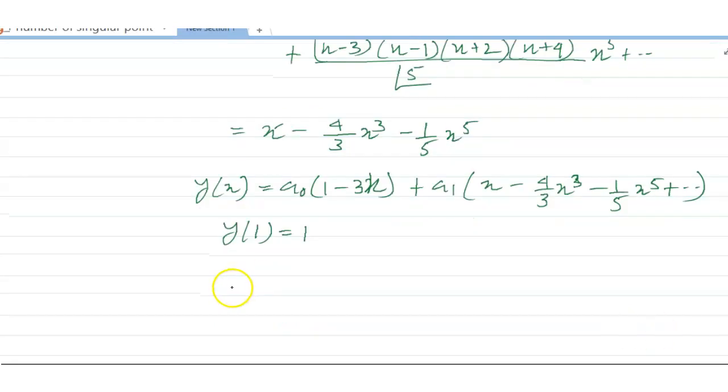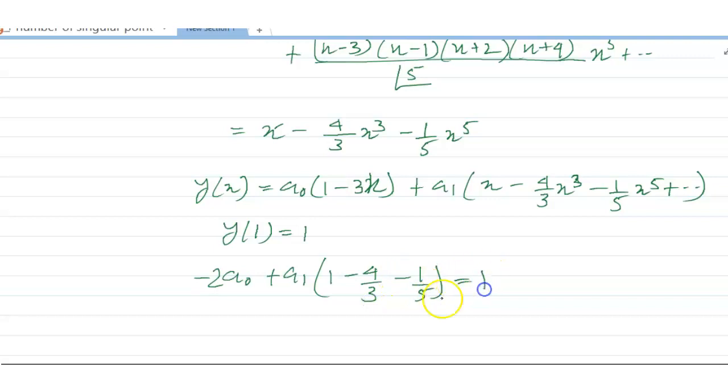Whatever I get: minus 2 a0 minus 8/15 a1 equals 1.